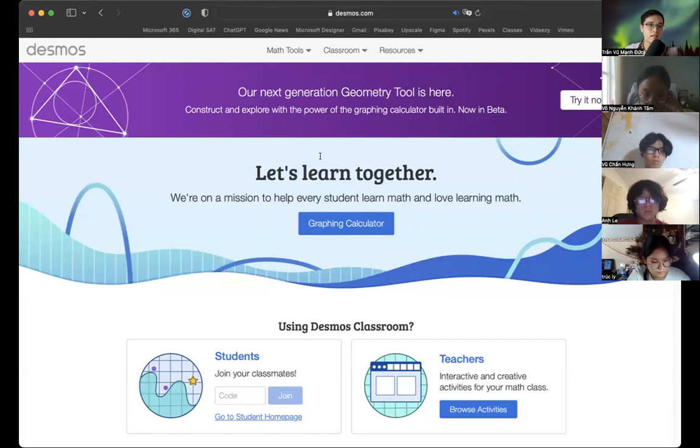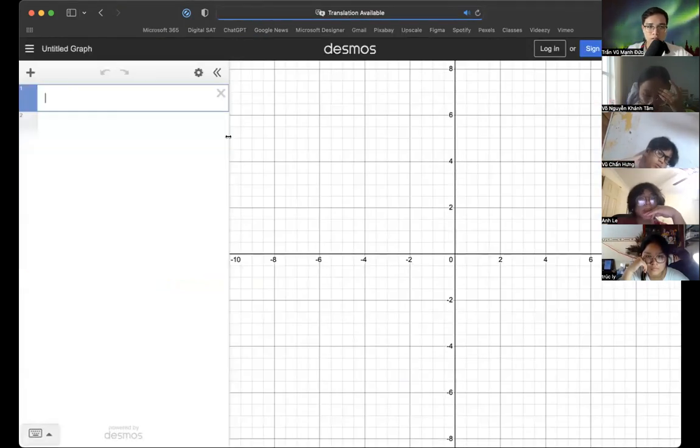This is the program that the SAT is borrowing for the digital SAT, Desmos. They integrate this exact program into the Blue Book app so that you can use it. If you have a graphing calculator, like a Texas Instruments TI-84, I believe, you will also be able to use the built-in graphing function. But if you don't have one, you can use this.